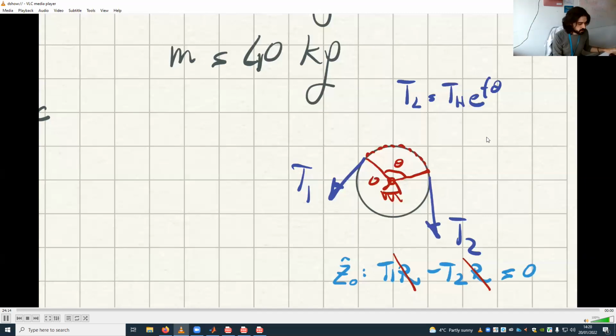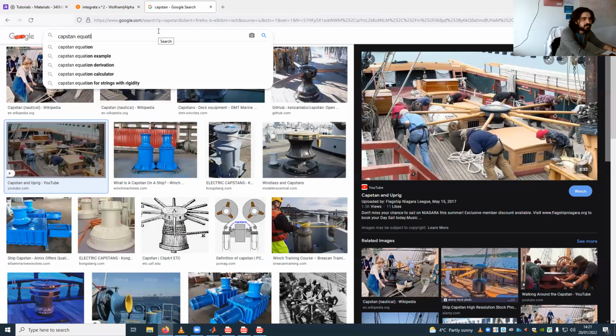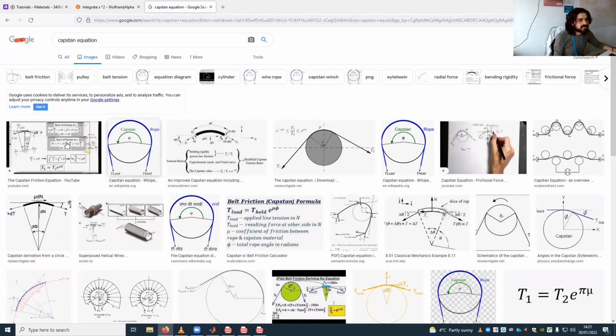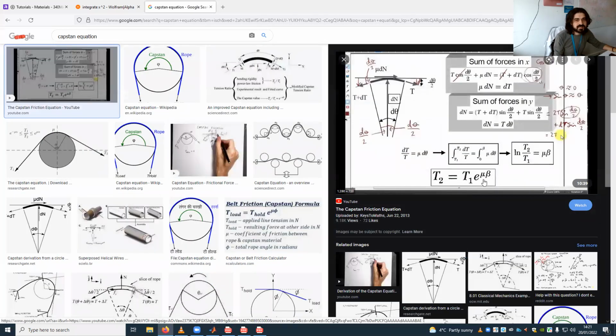Okay, so that's quite interesting. So you probably also have heard about the capstan equation. Well, if you haven't heard about the capstan, you don't know about the capstan equation. But the capstan equation is this. Yeah, this is how you find it. T2 is T1 e to the mu beta, where mu is the friction coefficient.